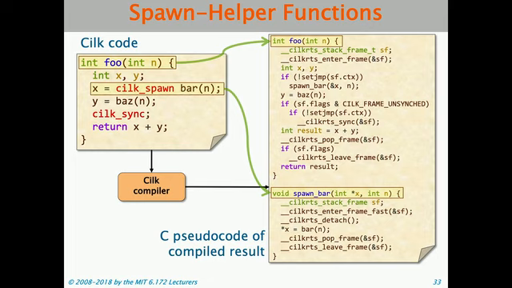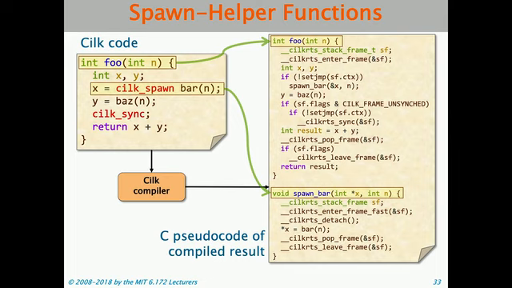Now, if we take another look at the compiled code we had before, some of it starts to make sense. Originally, we had our spawning function foo and a statement that spawned off a call to bar. In the C pseudocode of the compiled result, we see that we have two functions. The first function, foo, that's our spawning function.